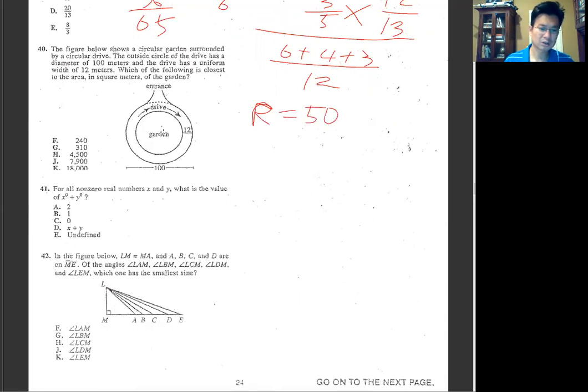And the garden is 50 minus 12, right? So the small one is 50 minus 12, which is 38. So the large one first, pi r squared, pi 50 squared, minus pi 38 squared.